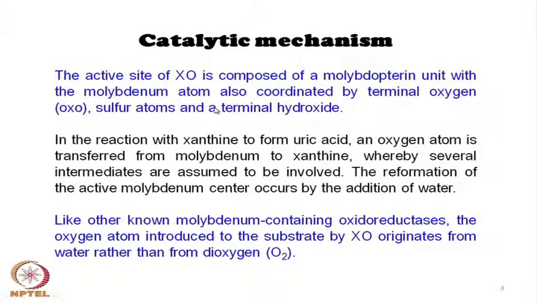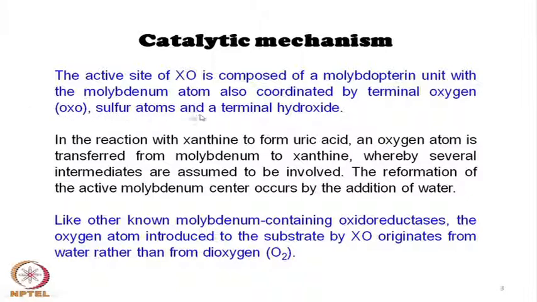So, if we see what is happening in the catalytic mechanism, the active site of xanthine oxidase, as you have already seen, is composed of the molybdopterin unit with the molybdenum atom also coordinated to a terminal oxo, that means the oxo sulfur atom, and a terminal hydroxide group.